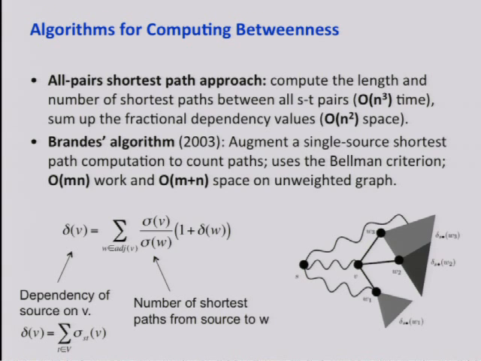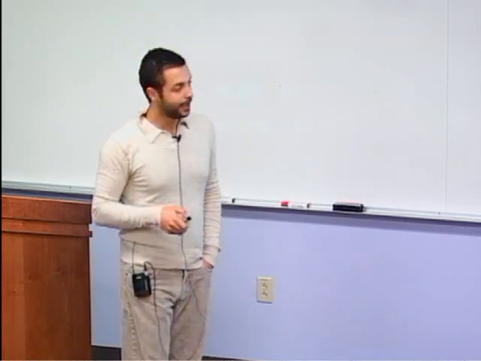It says I will look at all my outgoing edges, and the dependency of S on me is the ratio of the number of shortest paths to me divided by the number of shortest paths to my neighbors, multiplied with 1 plus the neighbor's dependency. The proof is in the paper for those interested, but it's actually not that complicated a proof.